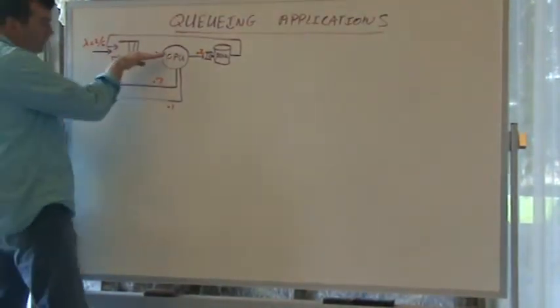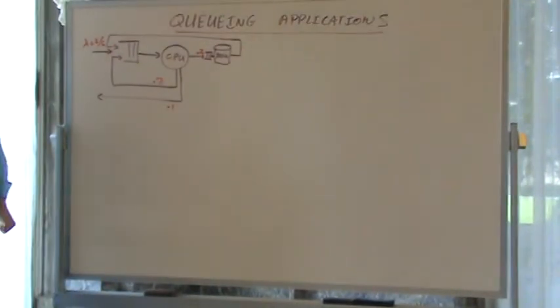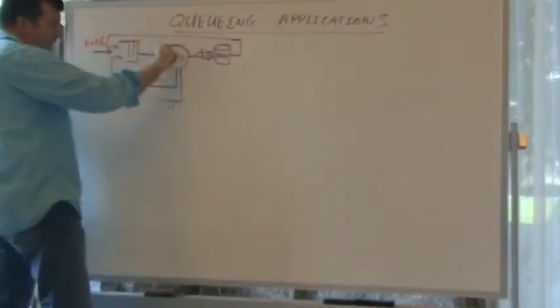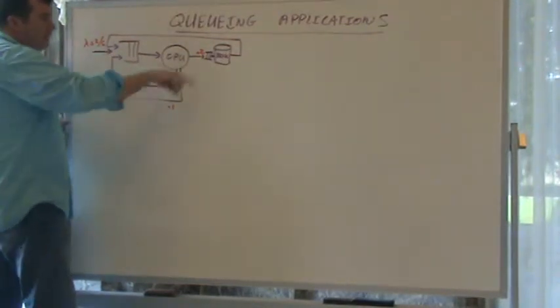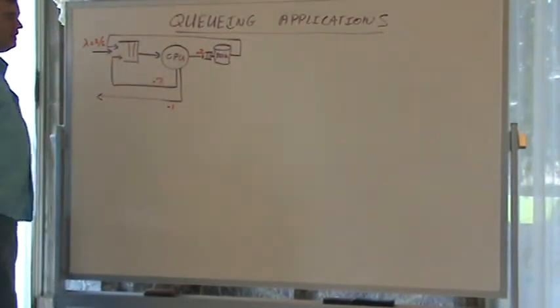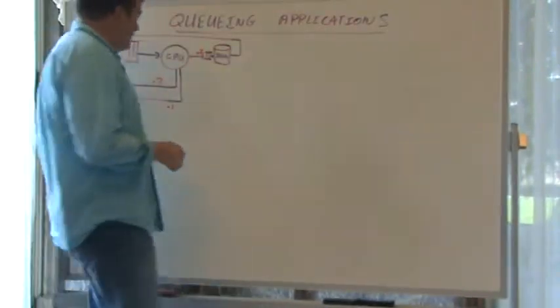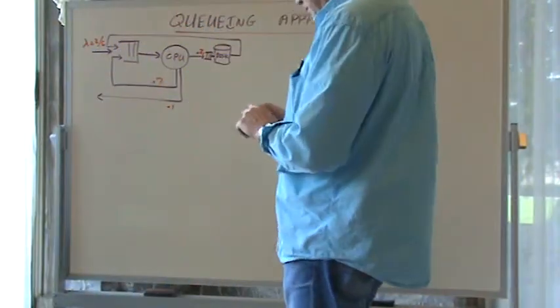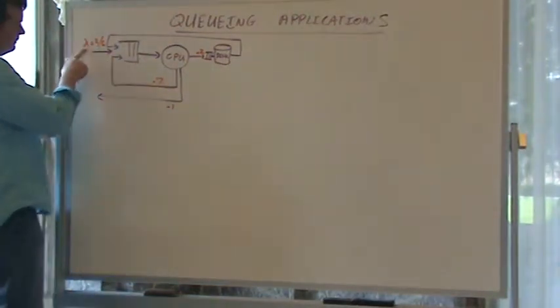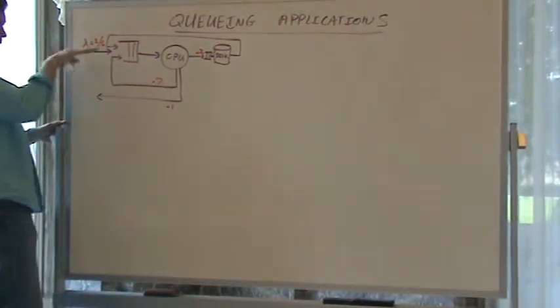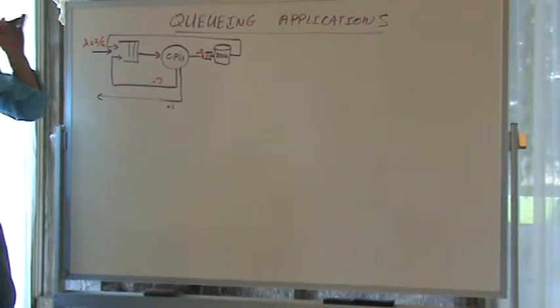Well, if it just goes in once and leaves, then it's one visit. But this looks like it goes in, and then with a certain probability, it revisits again. So the way we calculated the expected number of visits was, we'll call this the overall lambda. Lambda, again, is the Greek letter we use to mean the rate into a queue.